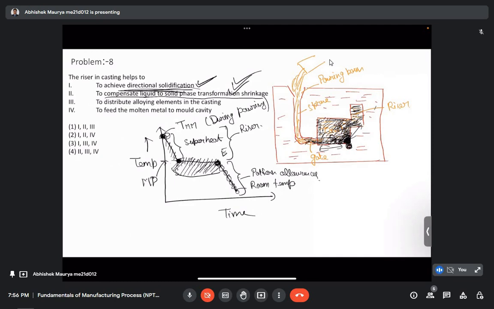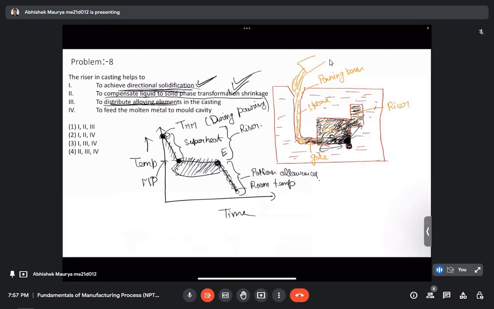Now the third option is to distribute alloying elements in the casting. So riser has nothing to do with the distribution of the alloying elements. So this option is wrong, because the distribution of the alloying elements has nothing to do with the riser.